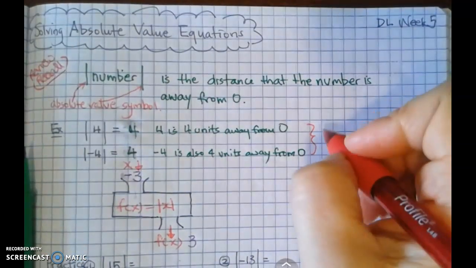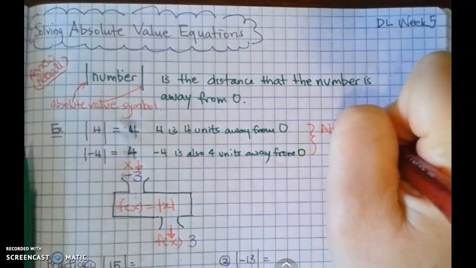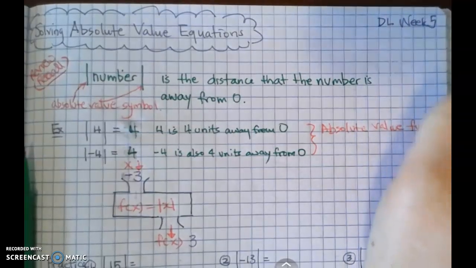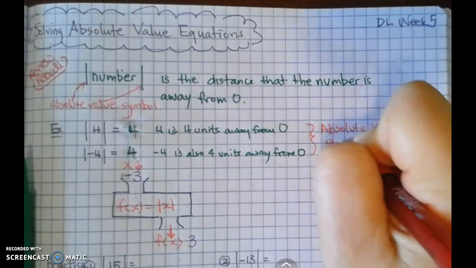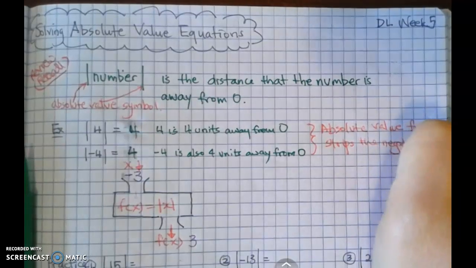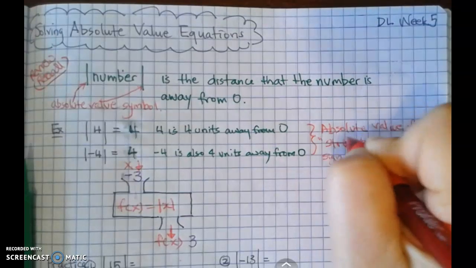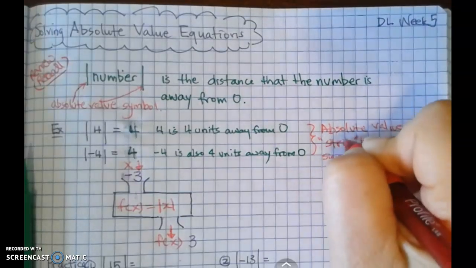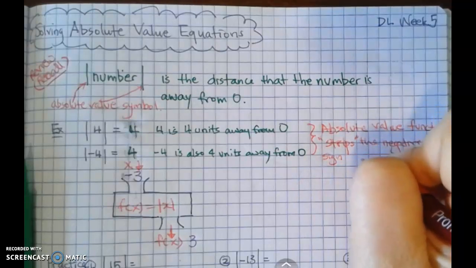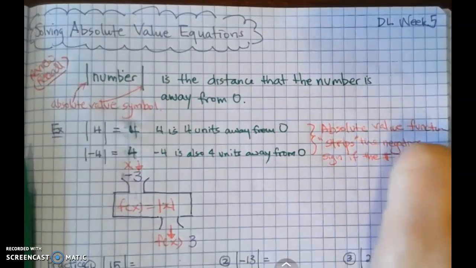So I'm going to write that down. The absolute value function strips the negative sign if the number is negative.